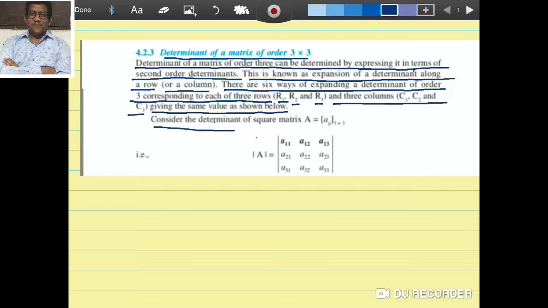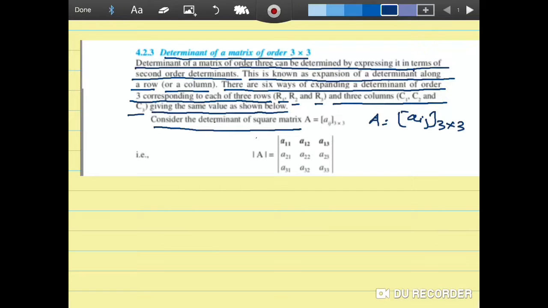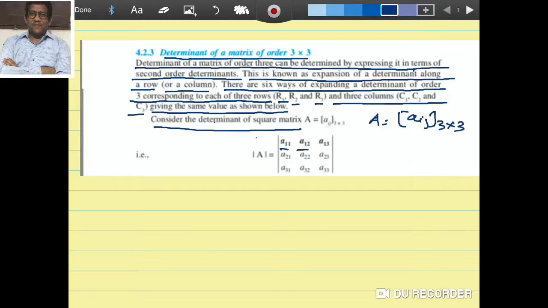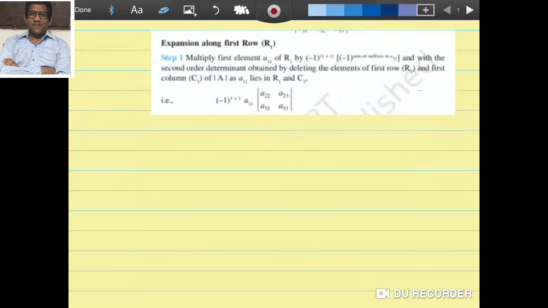Consider the determinant of a square matrix A is equal to [aij] 3 cross 3. That is, determinant A is equal to |a11 a12 a13; a21 a22 a23; a31 a32 a33|.